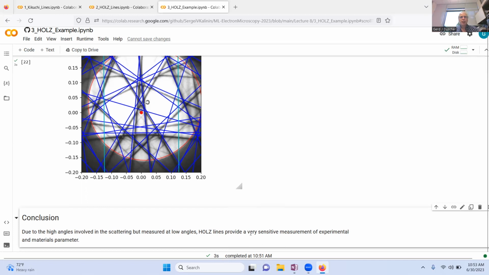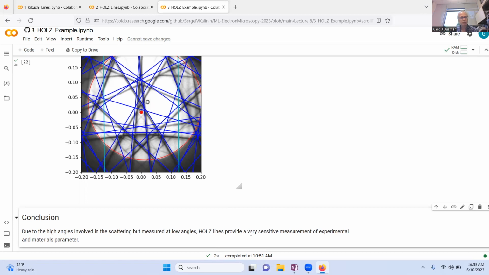So the key thing for acquiring this kind of pattern is, however, that you use energy filtered diffraction. That is a Gatan image filter or an inline filter in microscopes available. Otherwise, you're restricted to very small thickness in a material where they show up really very accurately.